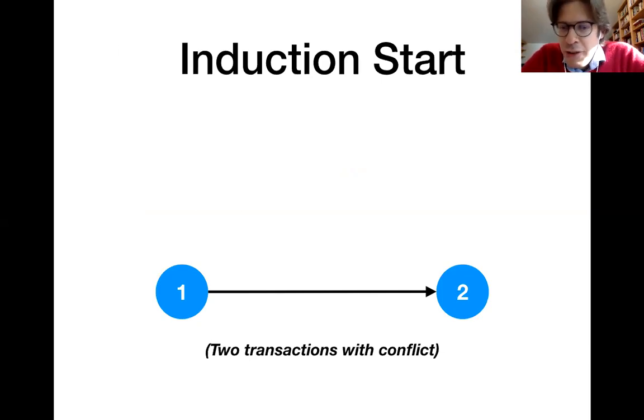So we have two transactions, 1 and 2, and they have an edge connecting them in the conflict graph of the schedule. That means they have a conflict. And a conflict generally means that both of them work on the same object, and at least one of them is writing to the object.